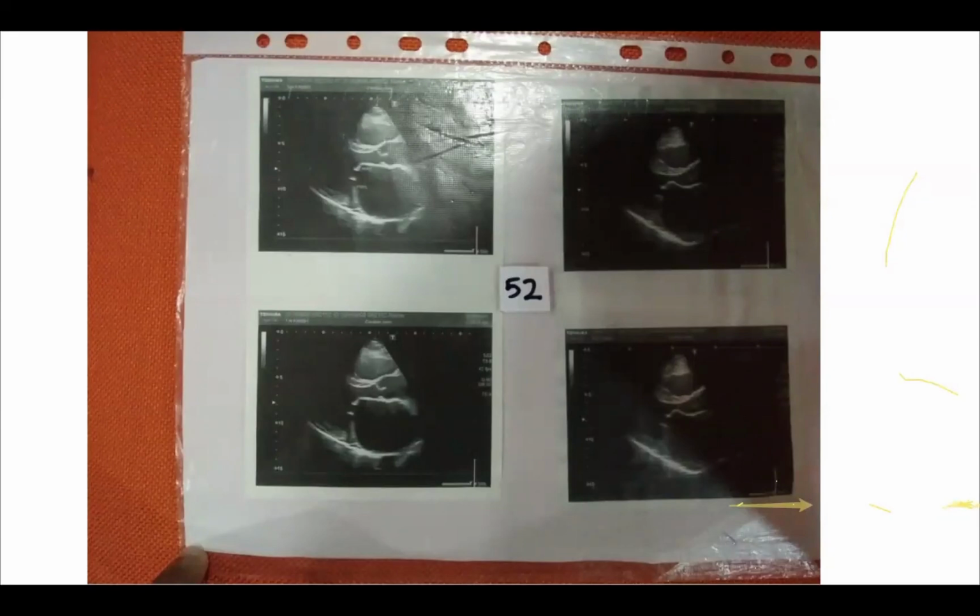Left atrial dilatation. Very good. Left atrial dilatation is there. What else? The outflow tract. Aortic stenosis? What is this valve you see here?